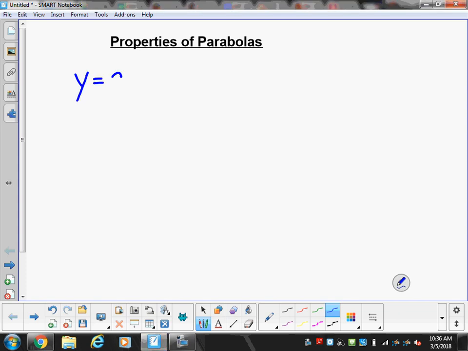So if I have an equation that looks like this, in other words, there is no linear term. Remember, the linear term was the one that just had the x with it. This is the quadratic term here, and this is the constant term here. Okay?